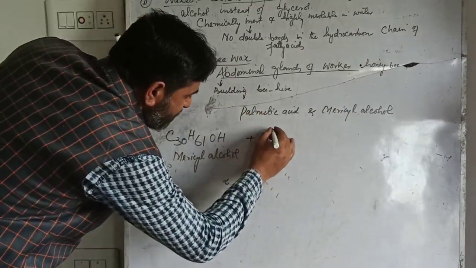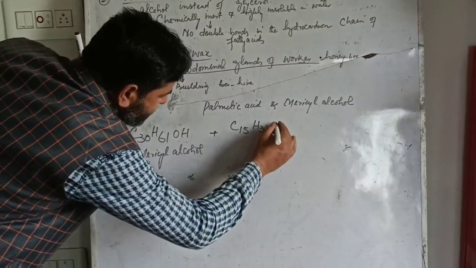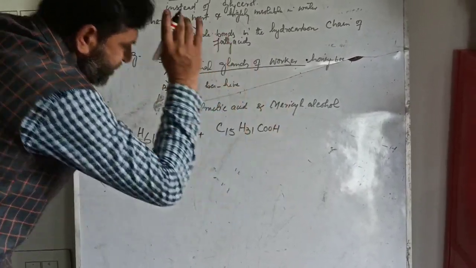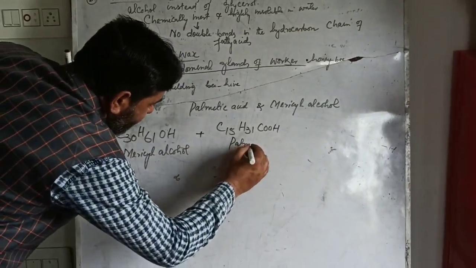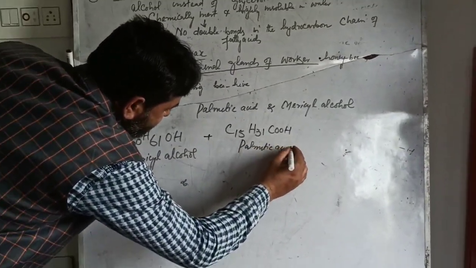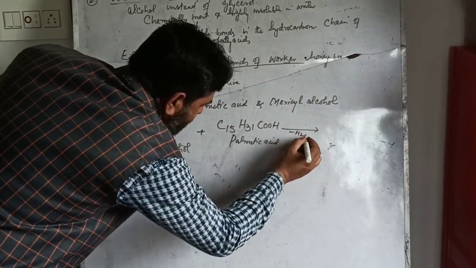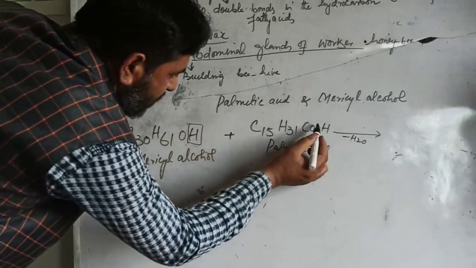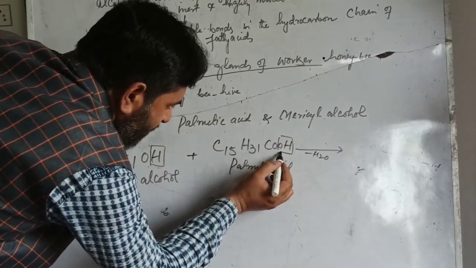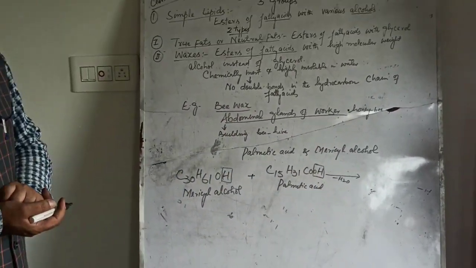Now we will take palmitic acid, C15H31COOH. This is palmitic acid, a fatty acid. Now there is elimination of a water molecule: the hydrogen of the alcohol and the OH, hydroxyl group, of palmitic acid are eliminated and a water molecule is released.